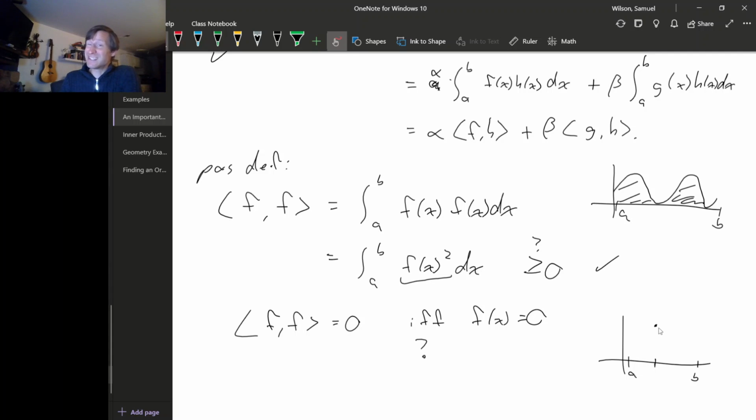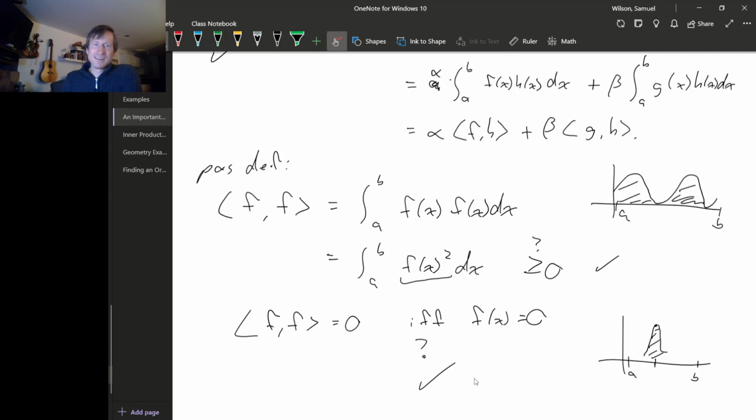But since it's continuous, remember we're working with continuous functions on this interval, if it's non-zero at this x value, it has to be non-zero on a whole interval nearby, like this. But if it's non-zero on a whole interval nearby, then the integral will be non-zero. So the only way for this integral to be 0 is for the function to be the 0 function.